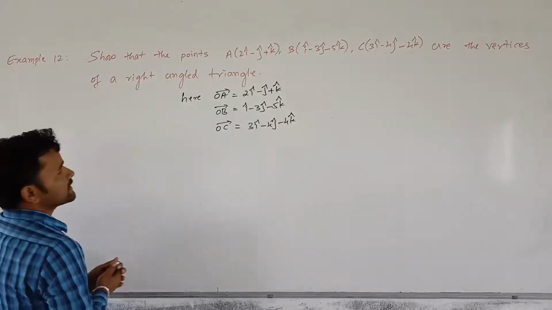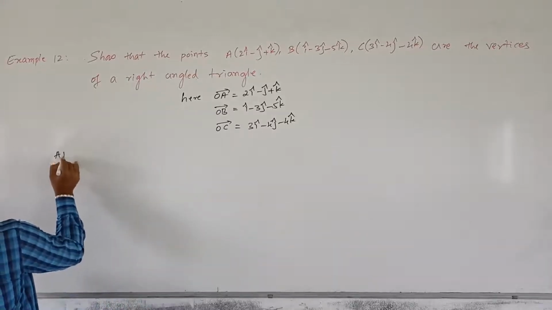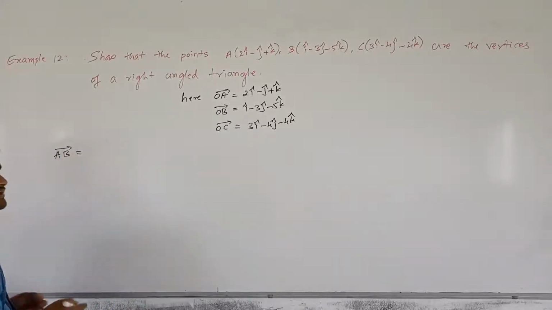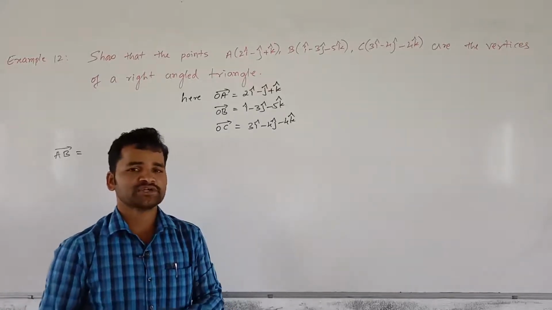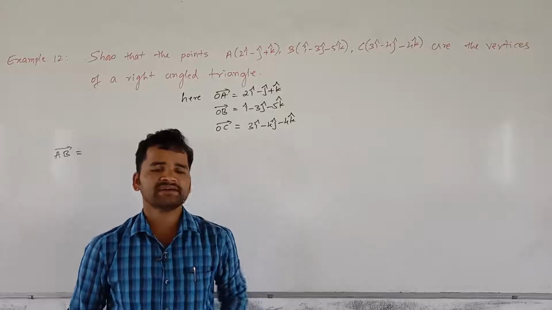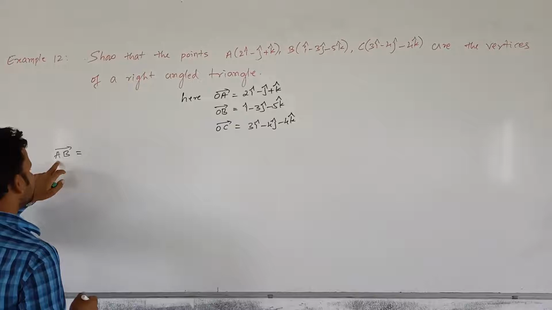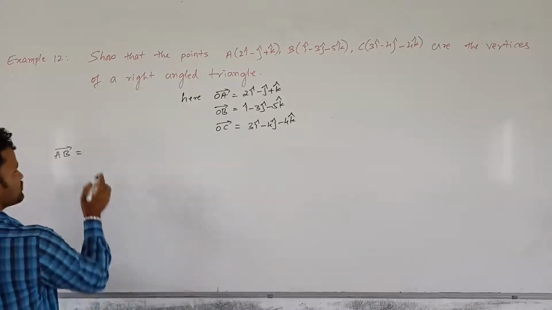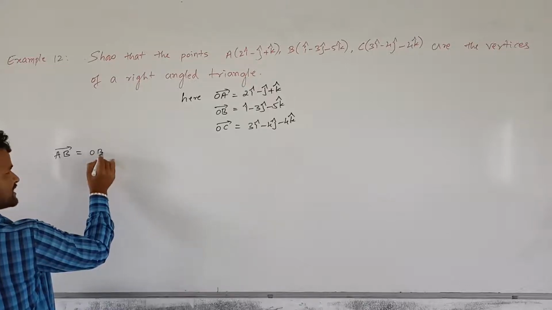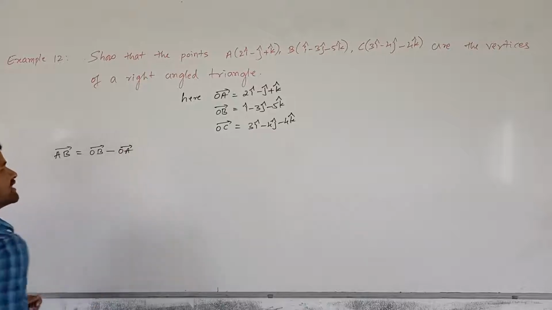Now, can we find out side AB? I am going to find out side AB here. Side AB is nothing but what? Side AB is a vector joining 2 points A and B. Vector joining 2 points where initial point is A, terminal point is B. I hope you know this will be equal to position vector of second point minus position vector of first point, OB minus OA.